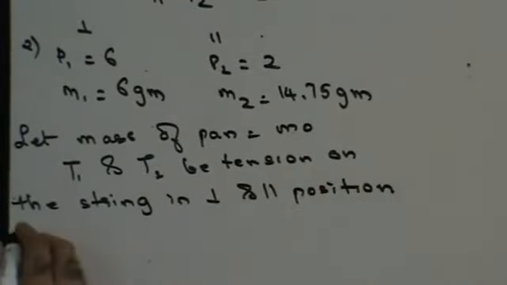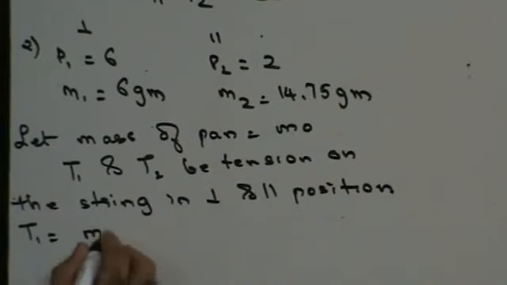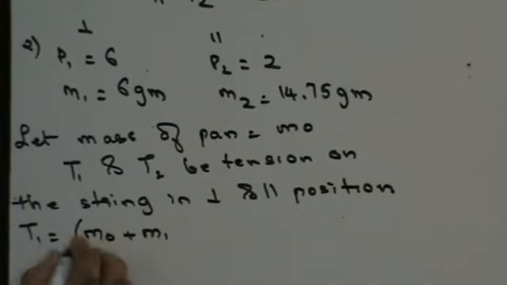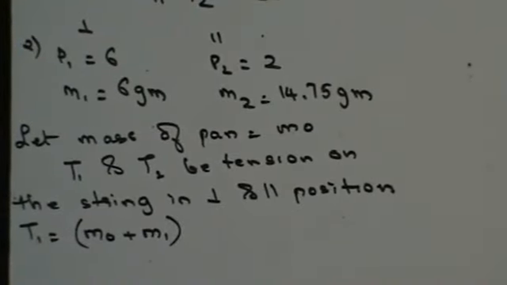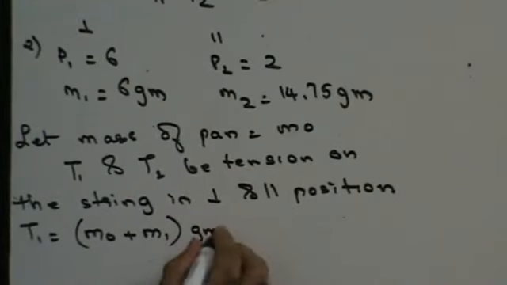So in that case I can say that T1 will be m0 plus m1. The total tension on the string is going to be nothing but the weight of the pan plus the weight put in the pan, right? This is going to be so many grams weight. I'm not writing the thing in Newton. And T2 is going to be m0 plus m2 gram weight. That will be the tension on the string.